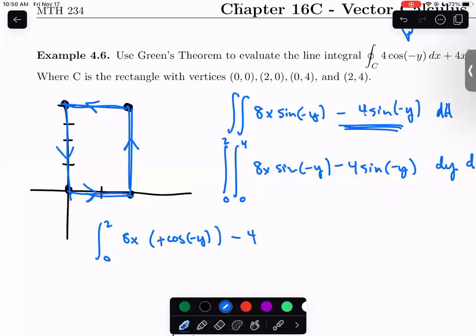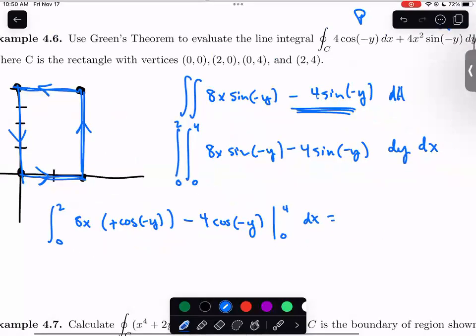All right, negative 4 is along for the ride. And again, we just integrated sine of negative y. We figured out that it was going to be positive cosine of negative y. We need to evaluate that from 0 to 4. Then we have an x integral to do. So for my 8x stuff, when I plug in 4 for y, I would get cosine of negative 4.